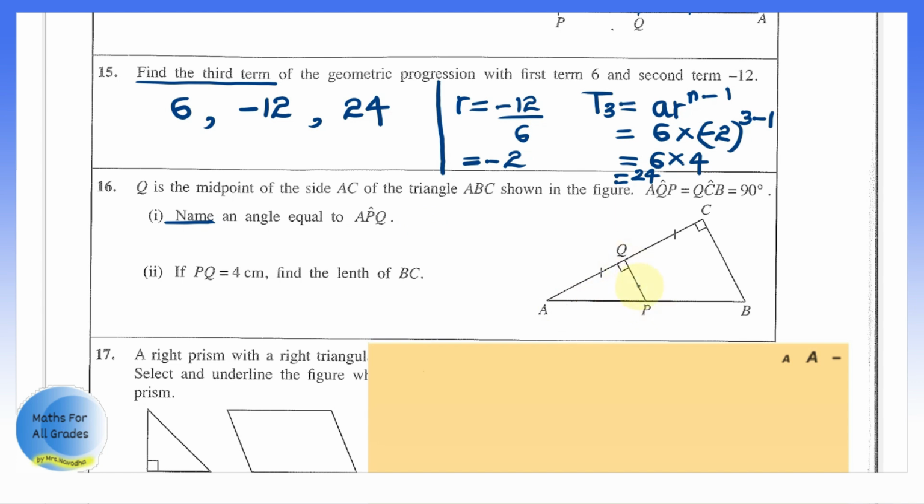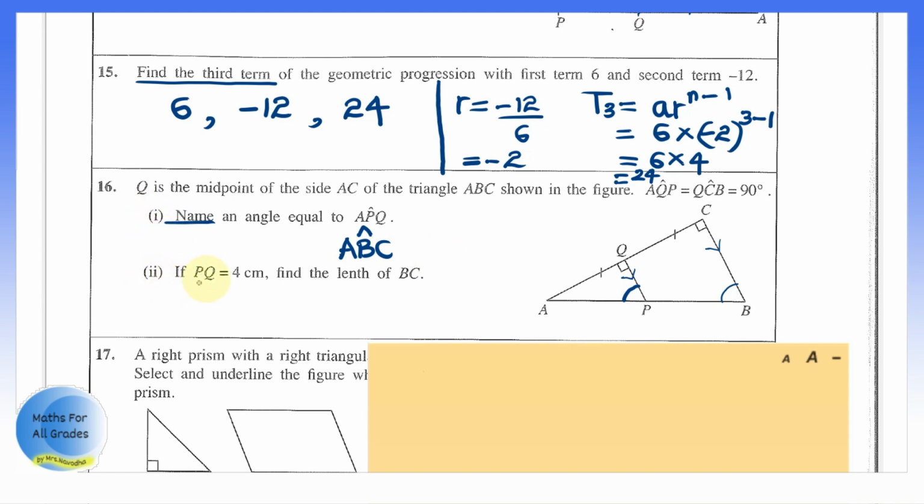Angle APQ is here. These two 90-degree angles are corresponding angles and they are equal to each other. That means QP and CB are parallel to each other. So what is the corresponding angle to APQ? It's ABC. So angle ABC is the answer for row number 1.